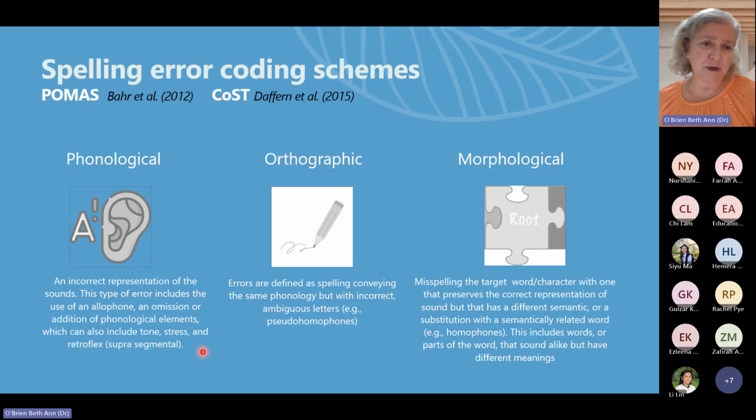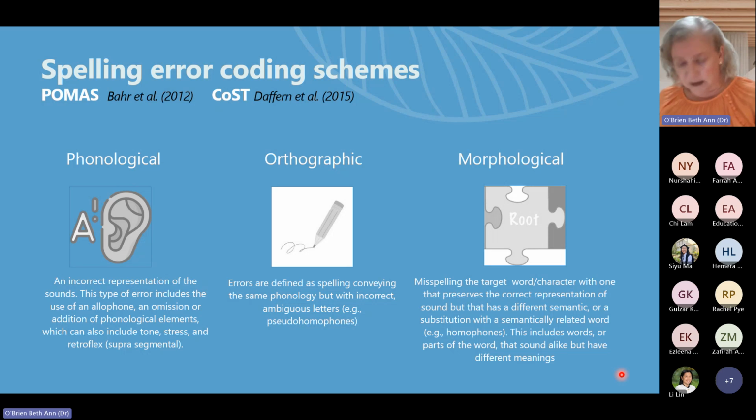And it could also include indicators of difference in stress or tone. On the other hand, orthographic errors would be errors where the phonology might be preserved, but it's preserved with incorrect or ambiguous letters. So this could be words, if you sound them out, decode them, it sounds like a real word, but the spelling does not exist or doesn't represent a real word, otherwise known as pseudo-homophones.